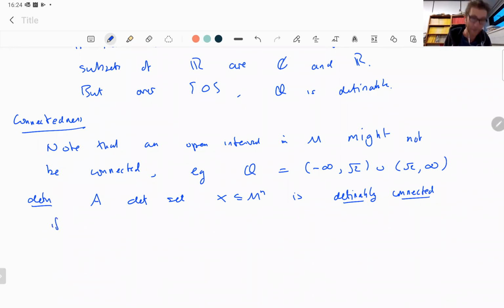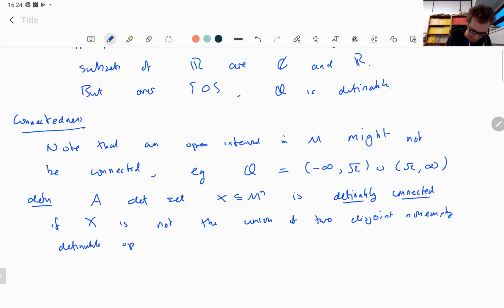So if X is non-empty, X is not the union of two disjoint non-empty definable open subsets of X. Then intervals are definably connected, and in fact cells are.